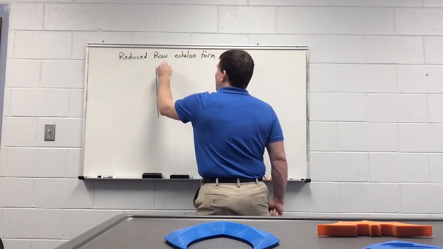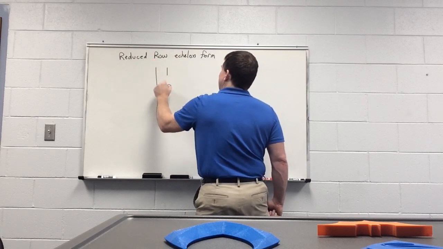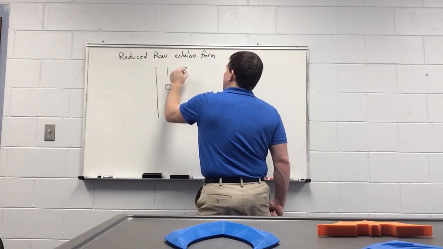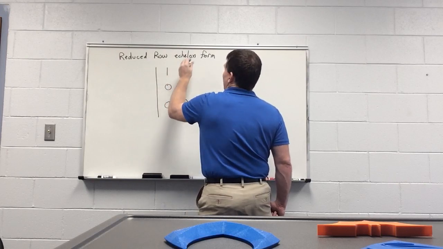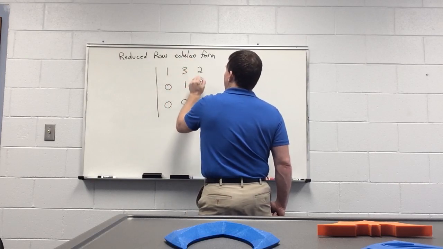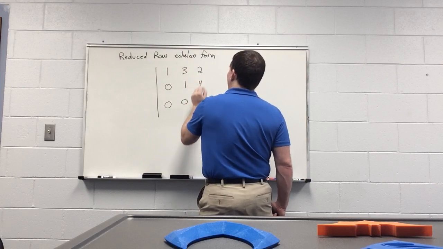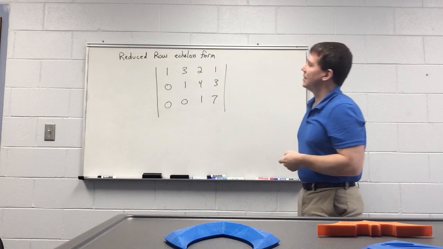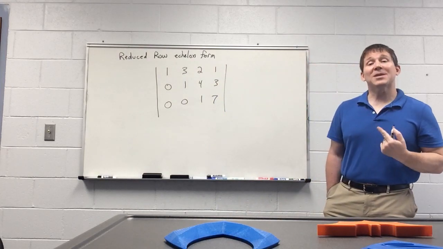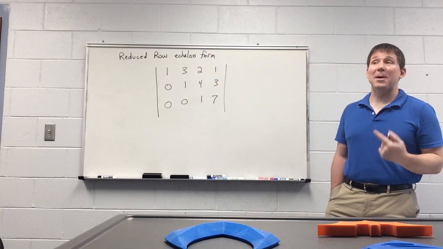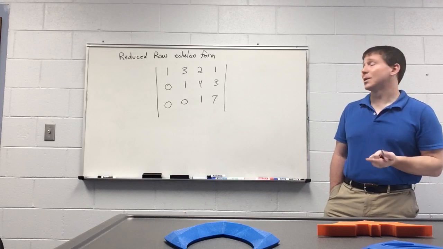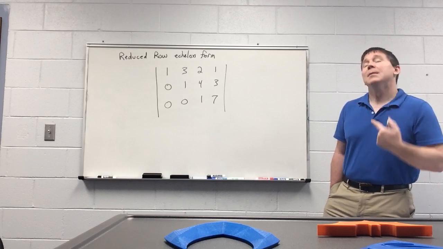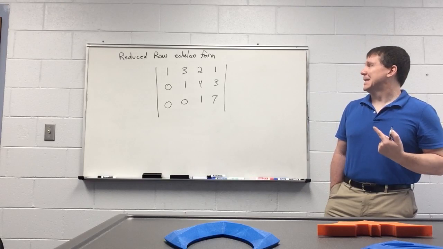Just as an example, 1, 0, 0, 3, 1, 0, 2, 4, 1, 1, 3, 7. So suppose I have that matrix after I do all my row operations. Don't worry, we're going to do some row operations in a minute. But suppose I have that matrix.